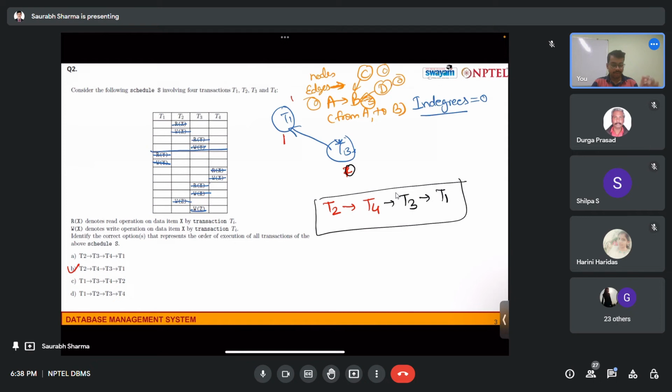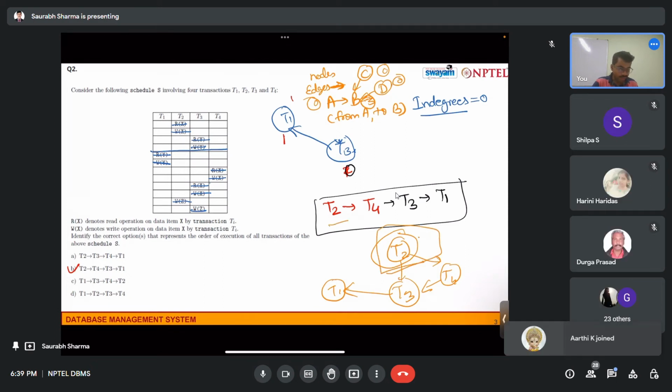In the previous graph we saw T2, T1, T4, T3. T2 had in degree 0. So first I selected this, then I wrote it here, then I erased this and the edges connected to it. Then I again took T4, then T3. I have done the same for all the cases.